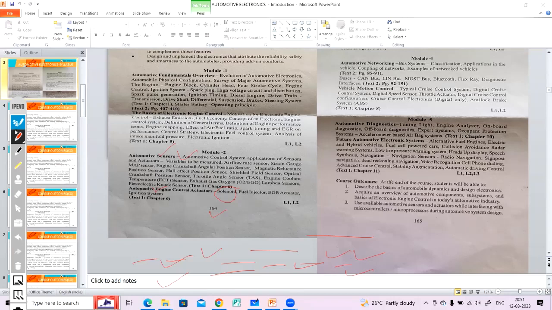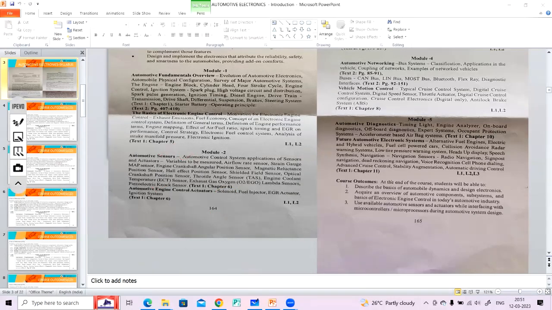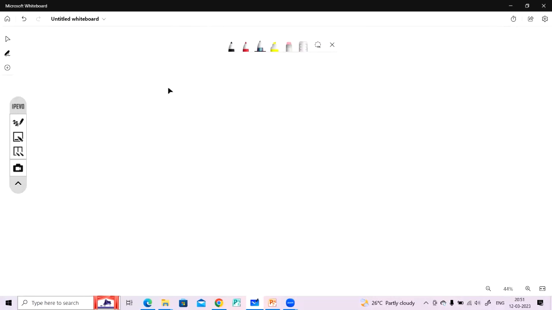Okay. So let me discuss in some depth the sensors. That is module two.